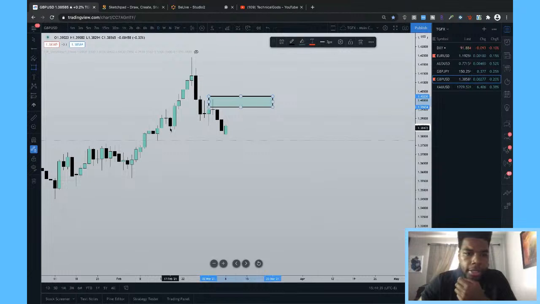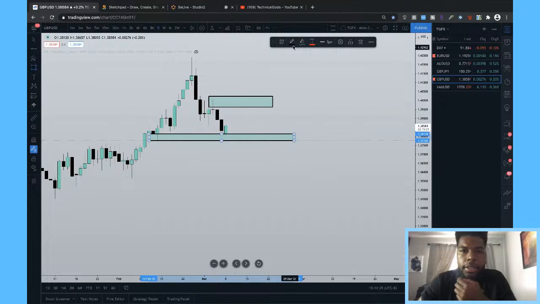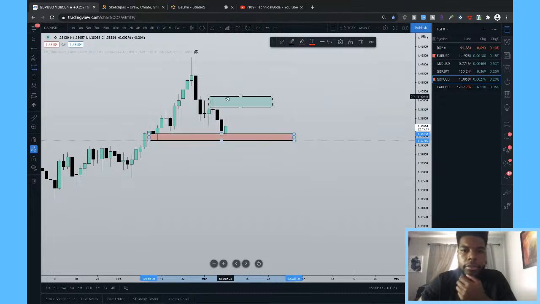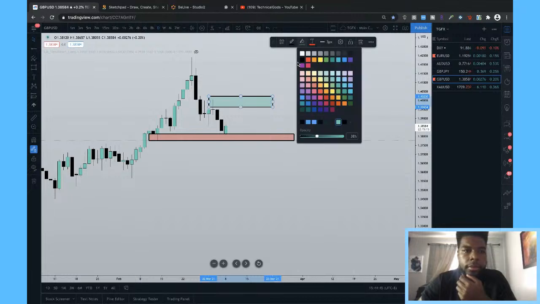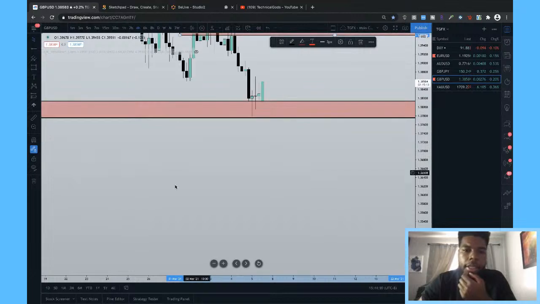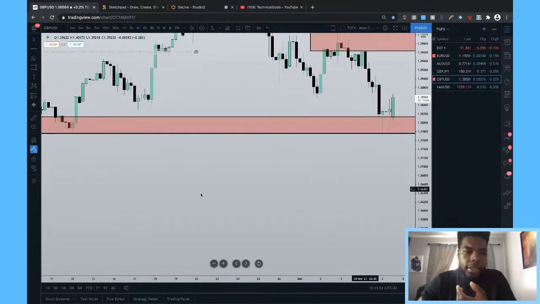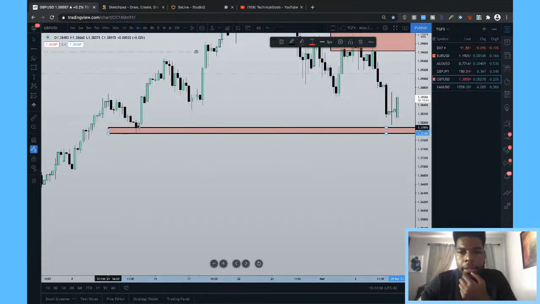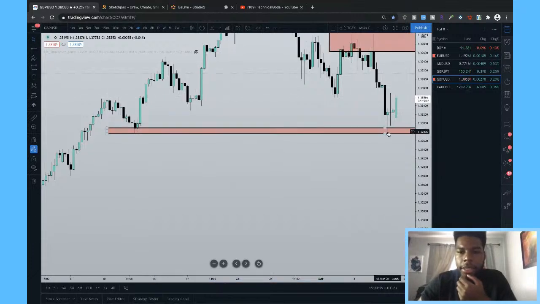All right, so we broke past this level. I will mark it off of this level here. And then let me change the color real quick. So like I said, I keep it very, very simple. I mean, I can mark up a chart literally, if it wasn't lagging right now, honestly, in like 30 seconds. And then you can see exactly why price does what it does.